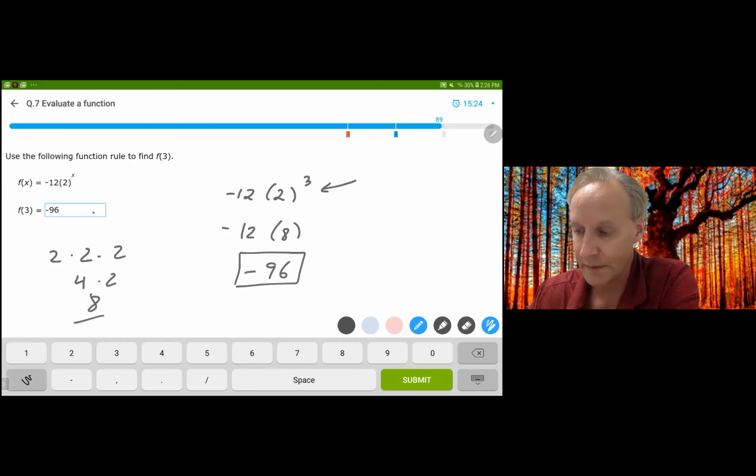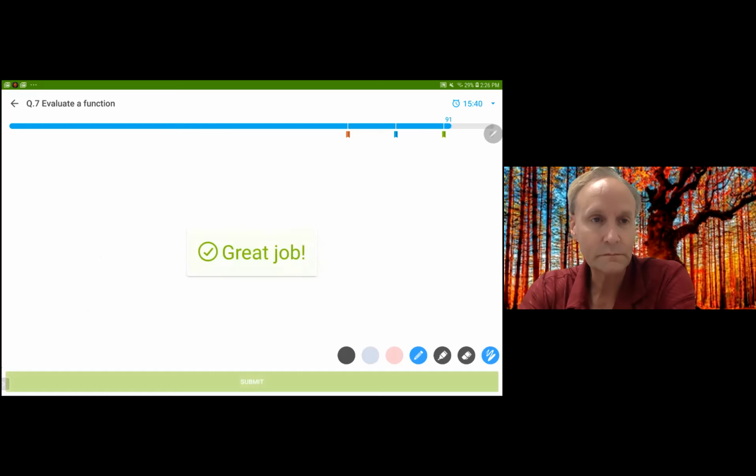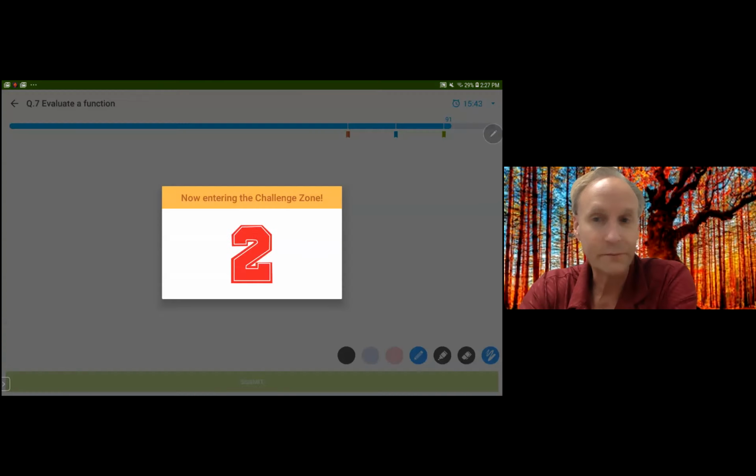A lot of people are going to grab their calculator. They'll take the negative 12 times the 2 with their calculator and then take that to the third power, which is pretty big. That is definitely different than what this answer is. Looks like we're getting there.